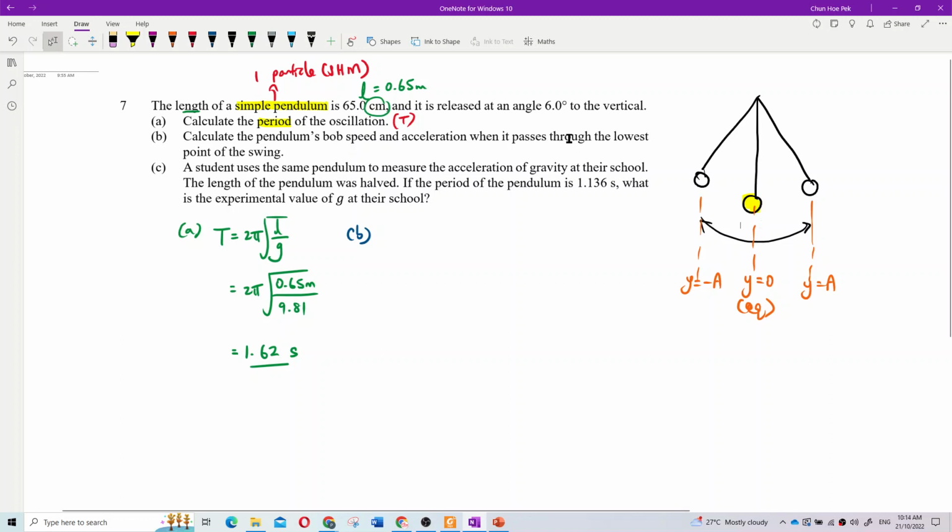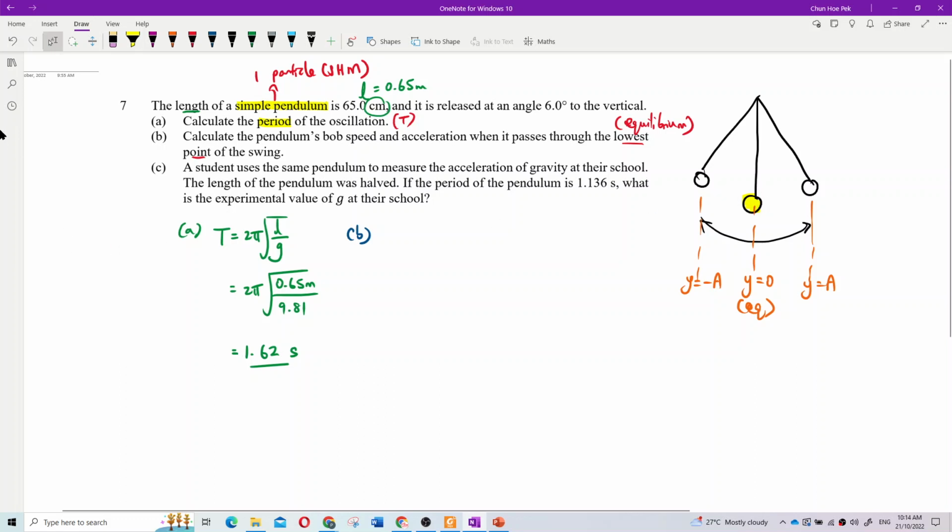Maksudnya ini speed ialah maximum or minimum at lowest point. The speed is maximum or minimum at lowest point. Di equilibrium lah ni maksudnya. Kelas? Kalau di equilibrium dia punya velocity maximum ke minimum?